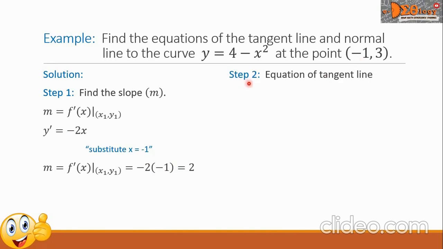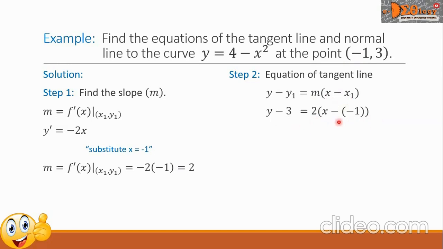So for step 2, let us now find the equation of the tangent line. Our standard form is y minus y sub 1 equals m times the quantity x minus x sub 1. Substituting the corresponding values, we have now y minus 3 is equal to, the m here becomes 2, times the quantity x minus our x sub 1, which is negative 1.